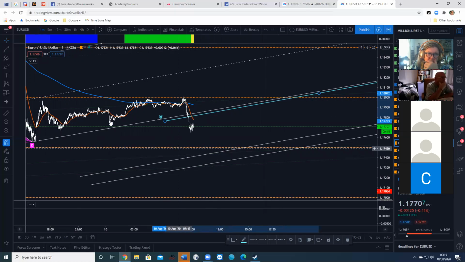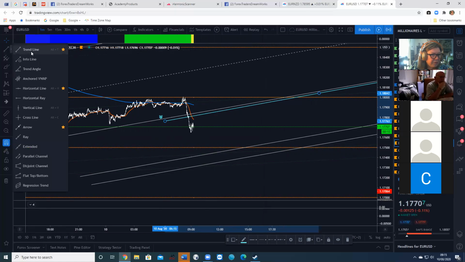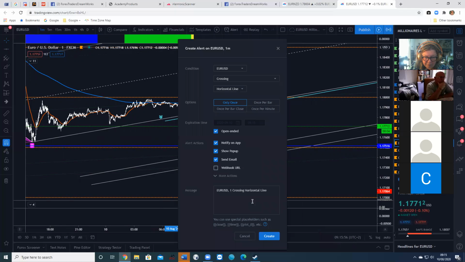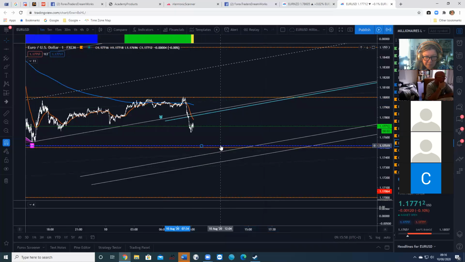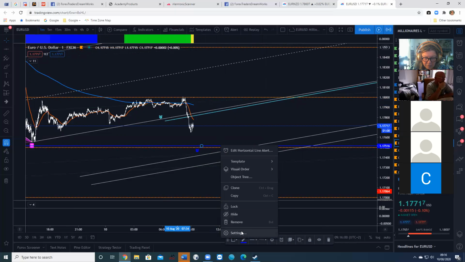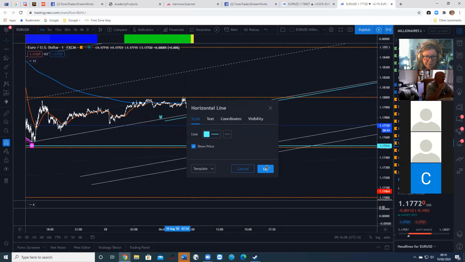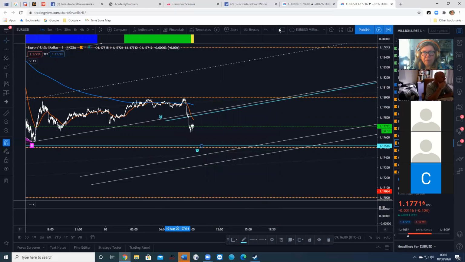Now, I'll put an alert on quarter theory as well, or just above it, in case it carries on dropping. Okay, so that's everything on Euro USD.